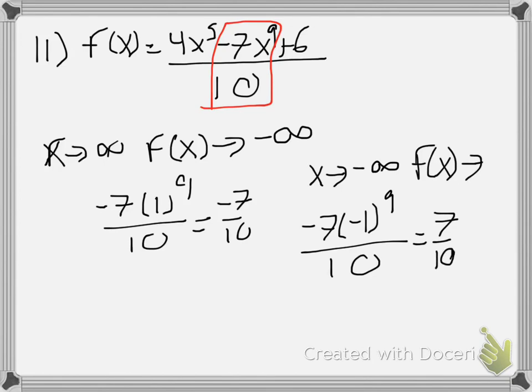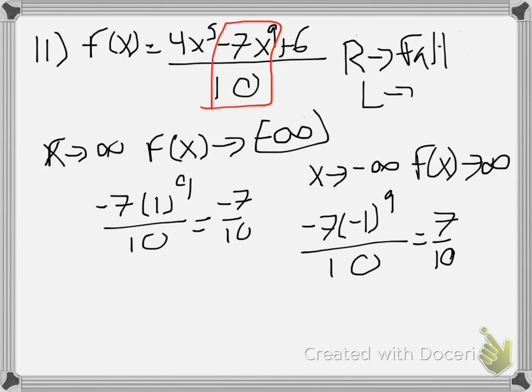So that means this is approaching infinity. So to the right, we fall, because it's approaching negative, and to the left, it's approaching a positive number, so we rise.